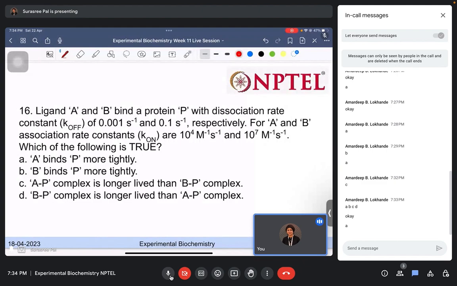So here the K offs and the K ons are given. Now, what can you conclude about this binding interaction?